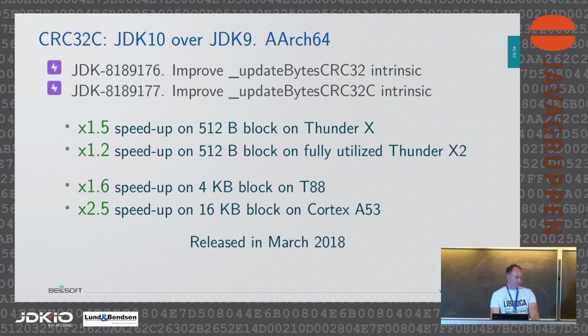But generally speaking, the intrinsics that we improved, for CRC32C particularly, that intrinsic was used only in the C2 compiler, and as you remember, I mentioned that there is another compiler, C1, and there is an interpreter. Imagine that you receive some data, like over the network.